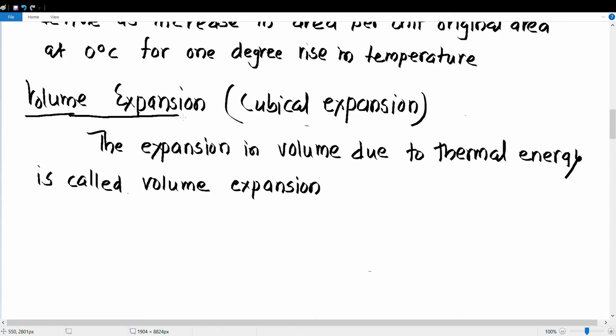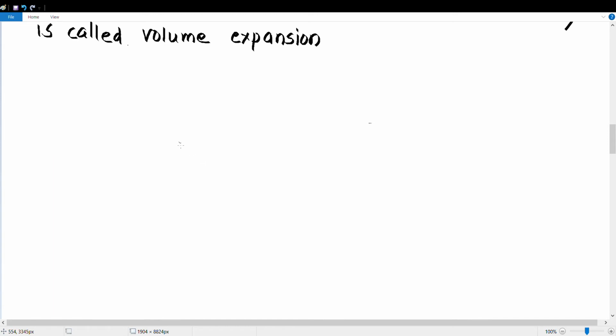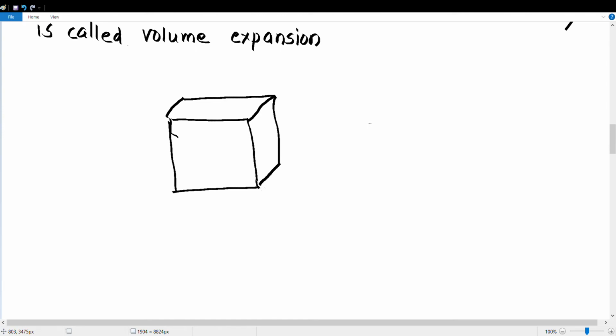Now let us consider we have a cube. So this is our cube and its initial volume is V. And now thermal energy is provided to it, then it expands.